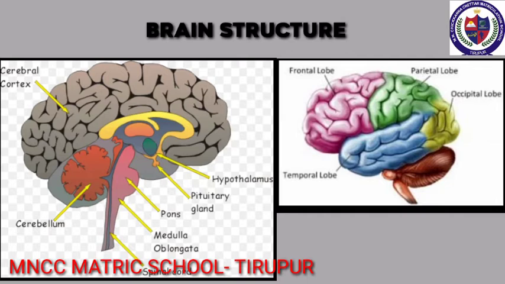Medulla is the posterior most part of the brain that connects spinal cord and various parts of brain. It has cardiac centers, respiratory centers, vasomotor centers to control heartbeat, respiration, and contractions of blood vessels respectively. It also regulates vomiting and salivation.